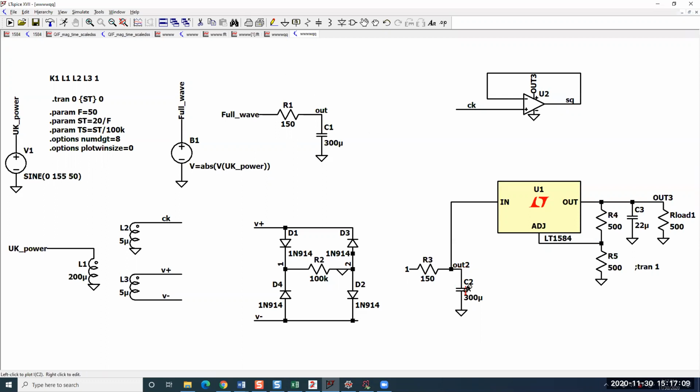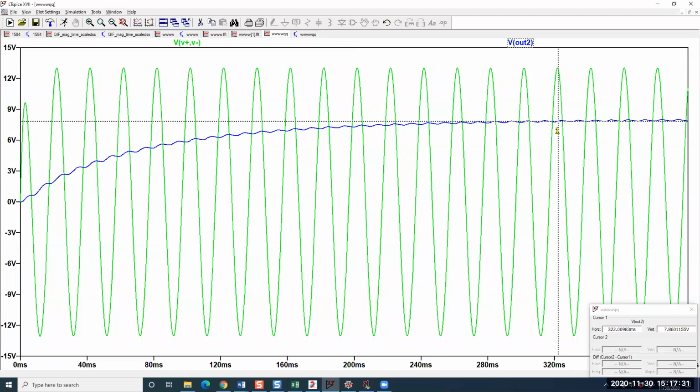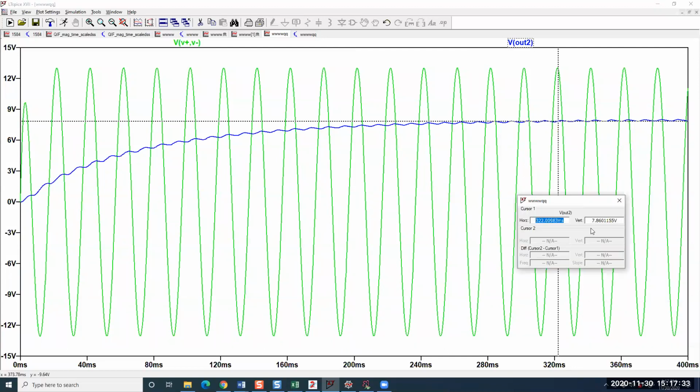So here we have a filter, okay? Just a simple low pass filter. And you can kind of see that it starts off at 0 and then eventually gets where it's going. And so it's around 7.86.